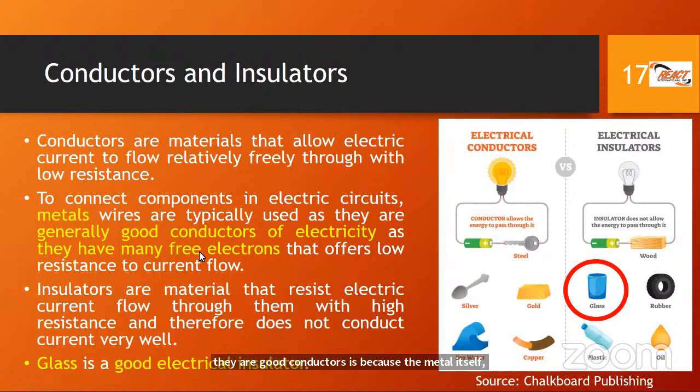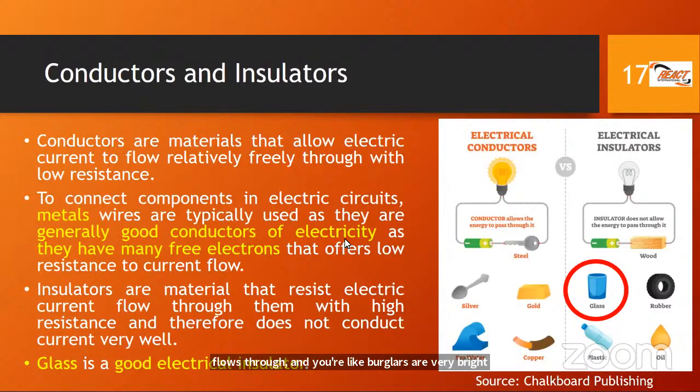Remember we said that electricity is the flow of electrons in a circuit? Well, if metals have a lot of free electrons, then that suggests that electricity will flow relatively freer. So we have a little diagram here that shows conductors. You'll see a metal here, you'll have a battery, and it flows through, and the light bulb lights up very bright.